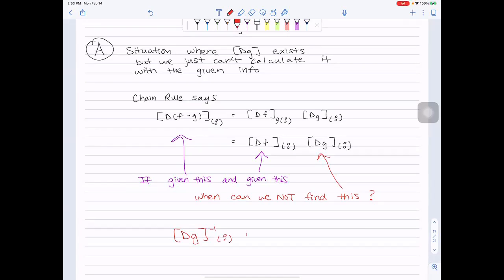So if f is not invertible, then we won't be able to find the derivative of g, right? Because how we find the derivative of g is that we need to multiply by the inverse of the derivative of f. If we can't even find the inverse of this, how can we find the derivative of g?